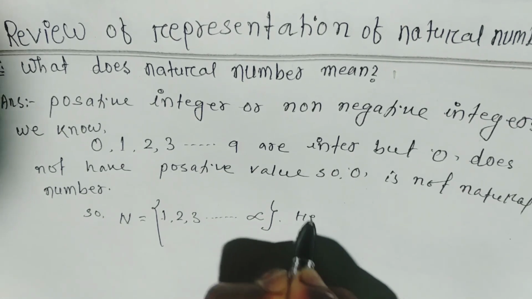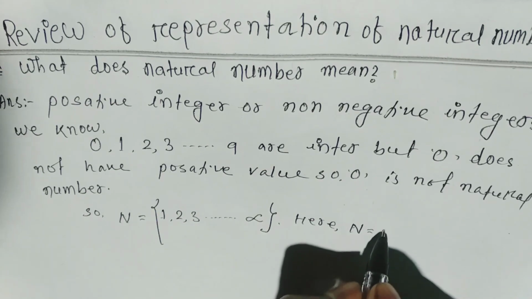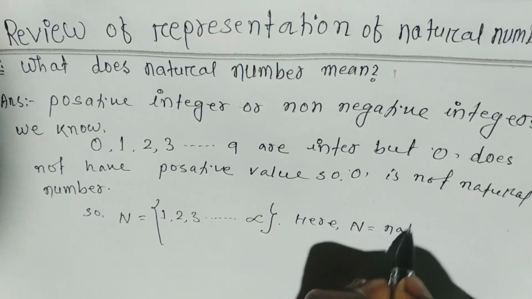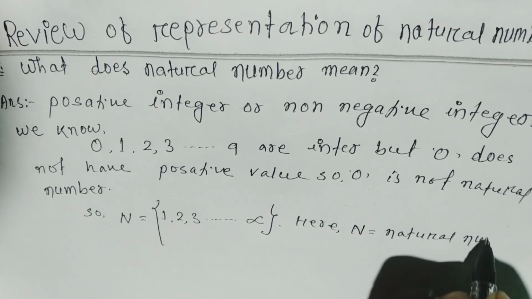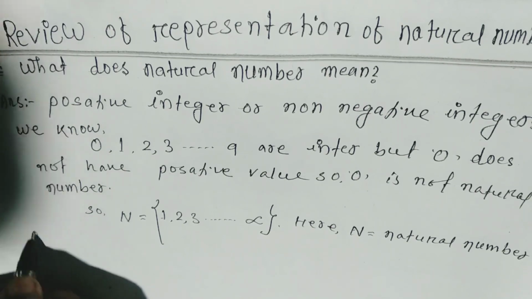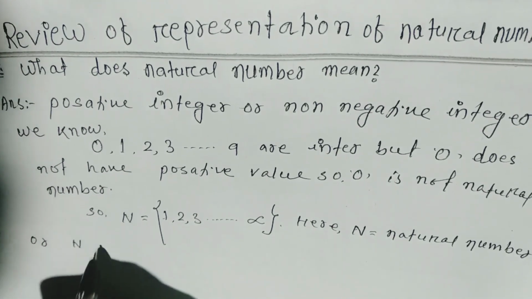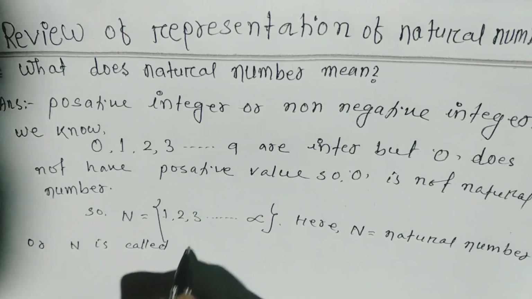Here N is equal to natural number, or N is called counting number.